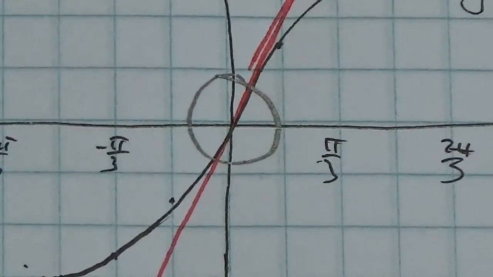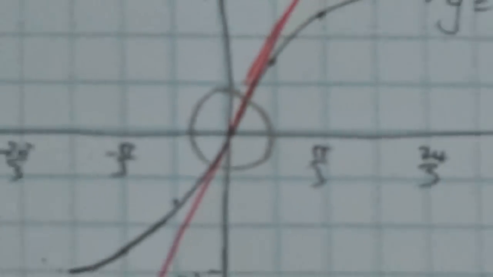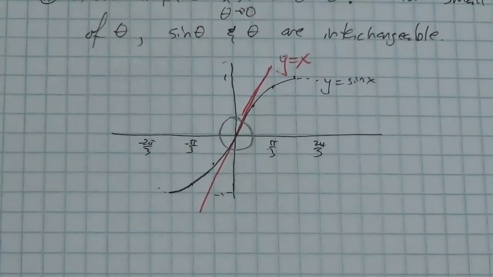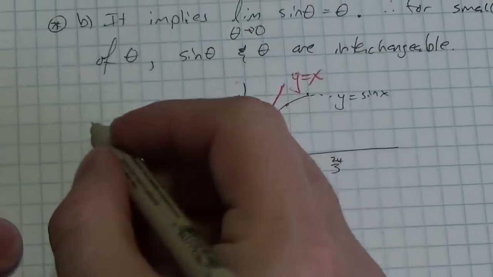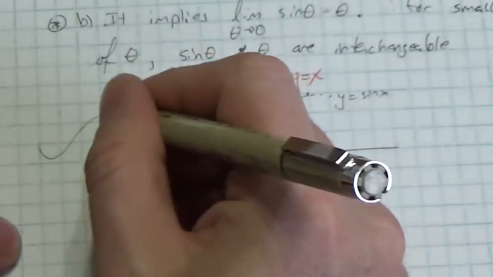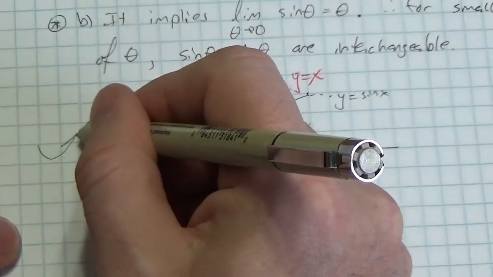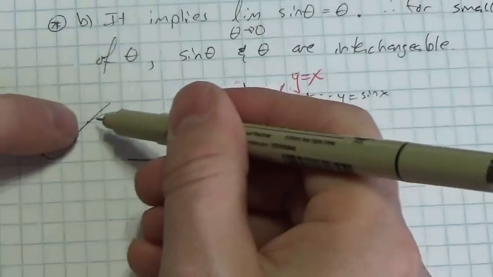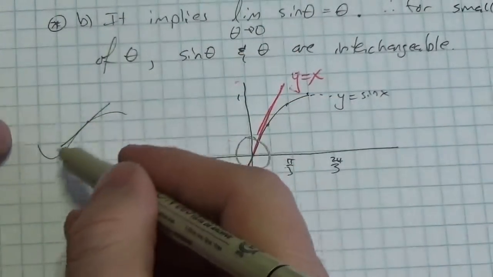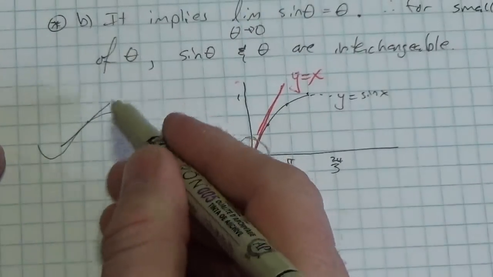And isn't that what calculus is saying all the time? Every time you take a derivative, you're finding the slope of the tangent line. Because what you're saying is that the behavior of the graph at that point, if you zoom in on it, is very, very close to the behavior of this very specific tangent line.